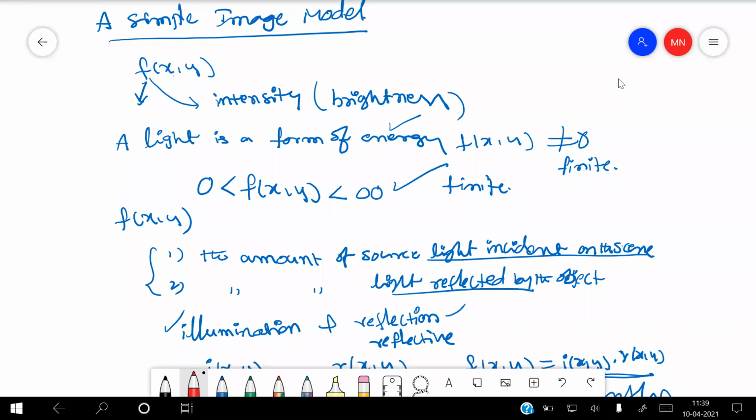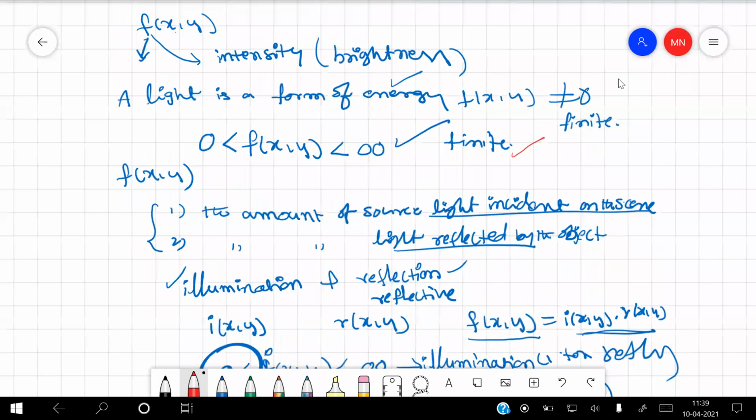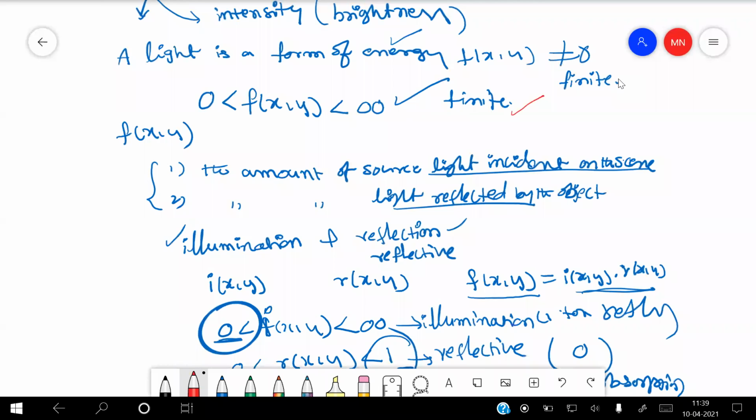That is, f(x,y) is an energy and it is a finite value. So 0 < f(x,y) < infinity, because it is finite energy, and the light energy depends on two principal properties.